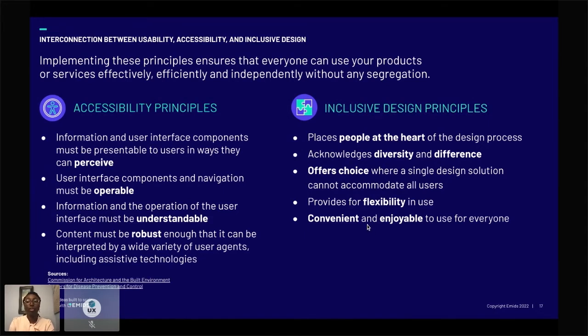And lastly, convenience and enjoyable. And that's very key because a lot of times when companies or designers and developers think about accessibility, what they're thinking about is, oh, I just want to meet the WCAG guideline, the Web Content Accessibility Guideline. Once I pass the success criteria, I fulfill the obligation.